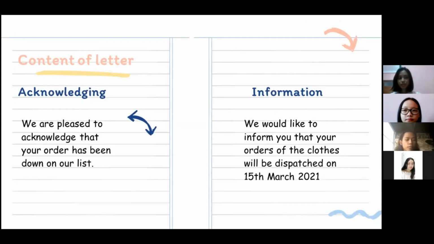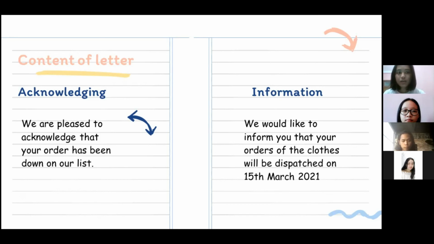So the next one is the content of the letter. Actually, the structure of the letter is the same as the order letter, but the difference is in the body of the letter, or the content of the letter. In a dealing with order letter, you write to acknowledge the order.